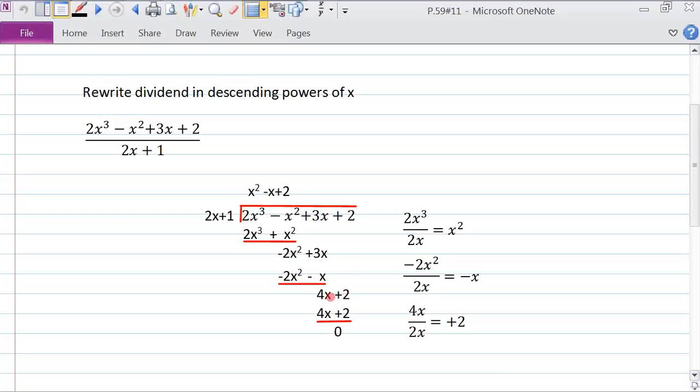And at this point, I'm going to take the first term here and divide it by the first term here. So 4x divided by 2x gives me plus 2, and that becomes this plus 2 here. So 4x minus 4x is 0, and 2 minus 2 is 0. So there's no remainder.